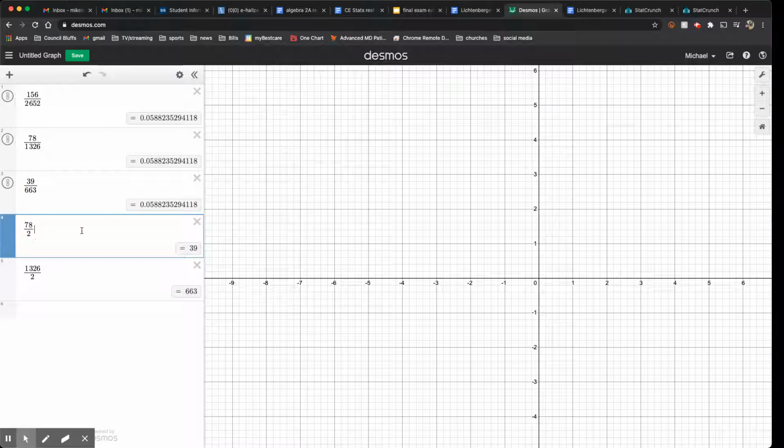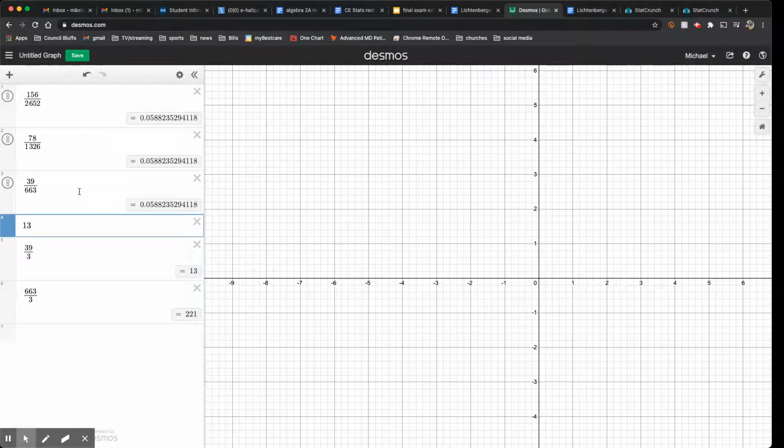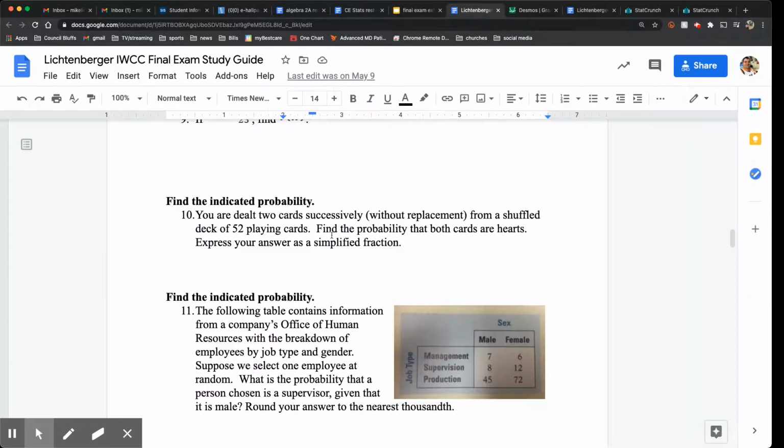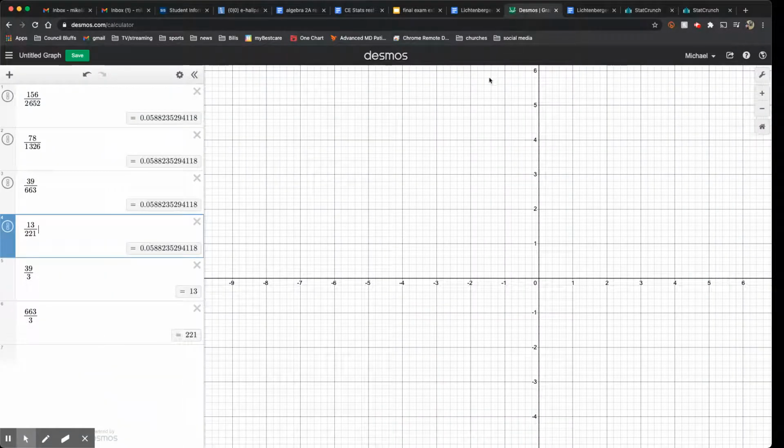So as I simplify it even further, I can divide 39 by 3, and I can divide 663 by 3. So I can simplify it even more to 13 out of 221. And if I keep checking, that is it. So the answer to that question, express your answer as a simplified fraction, is 13 out of 221.